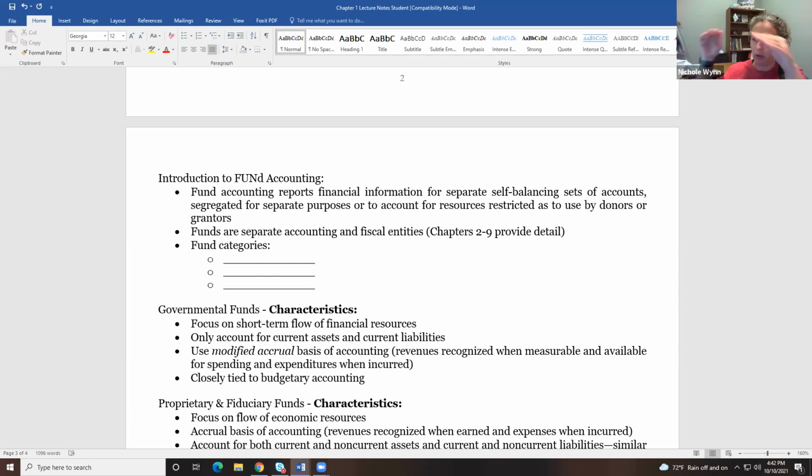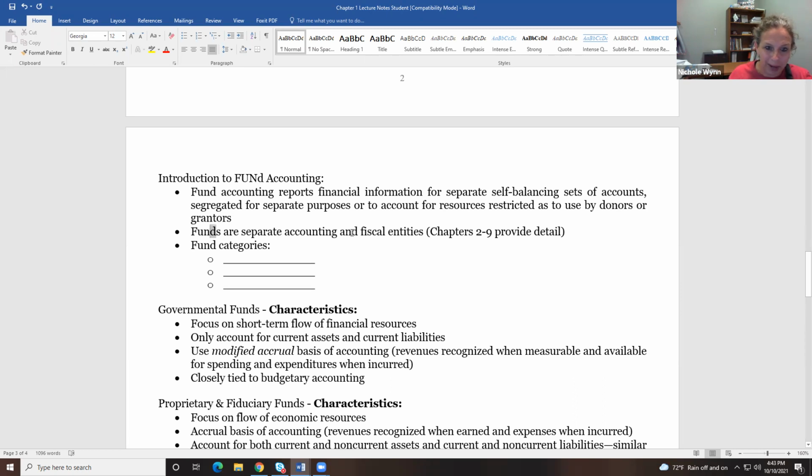So think of the government as a whole as an umbrella, and then the individual funds will be underneath. There will be a general fund, which we'll talk about in a little bit, maybe next chapter. There will be other funds like special revenue funds, capital projects funds, debt service funds. And so all these individual funds fall under the umbrella of the entire government.